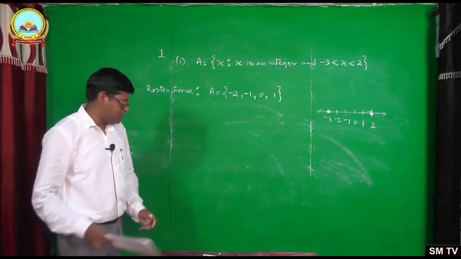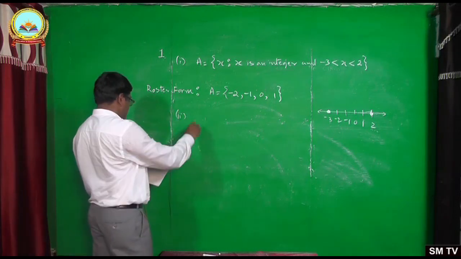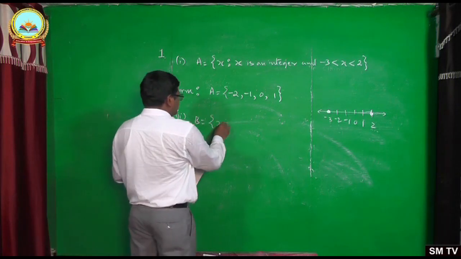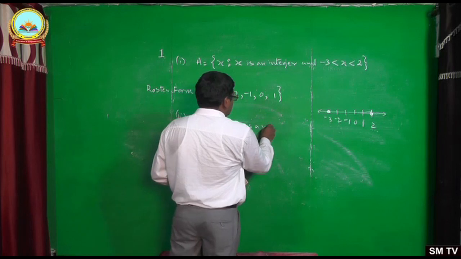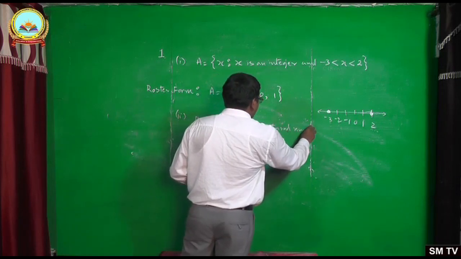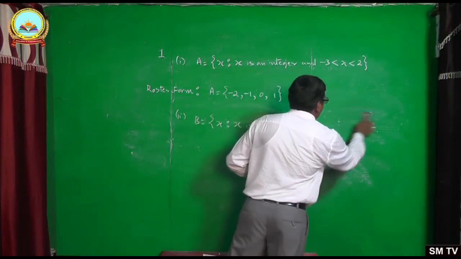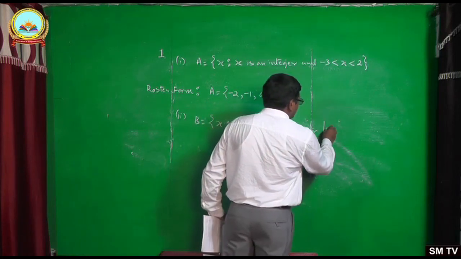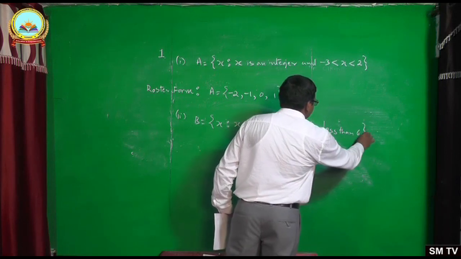We shall move on to the next problem. Second one, B is the set of all x such that x is a natural number less than 6.